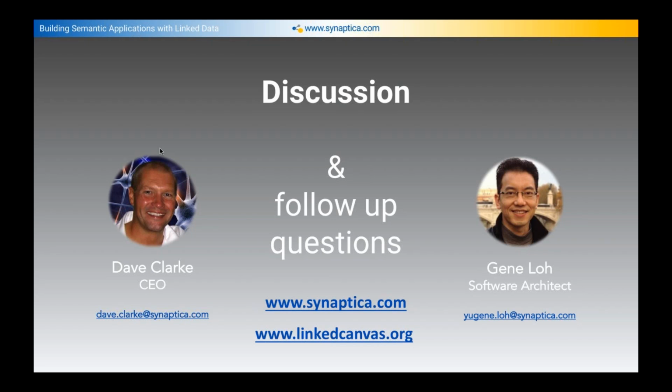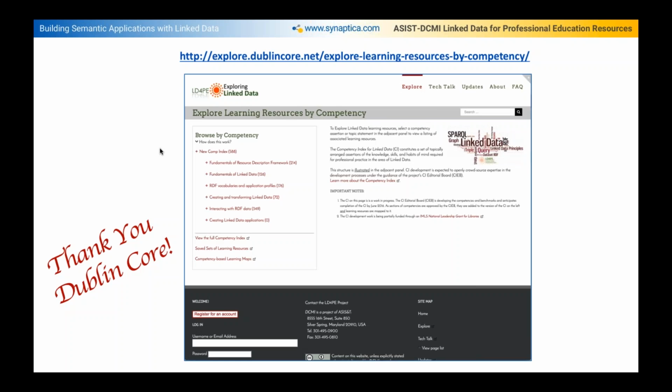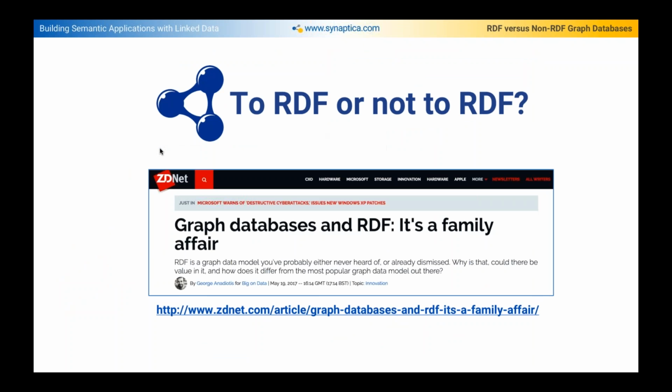We have another question here. What would you say is the biggest barrier slowing the wide adoption of linked data? Good question. Let me just backtrack one of those slides there. I think working with RDF is undoubtedly much more complex than some other systems.